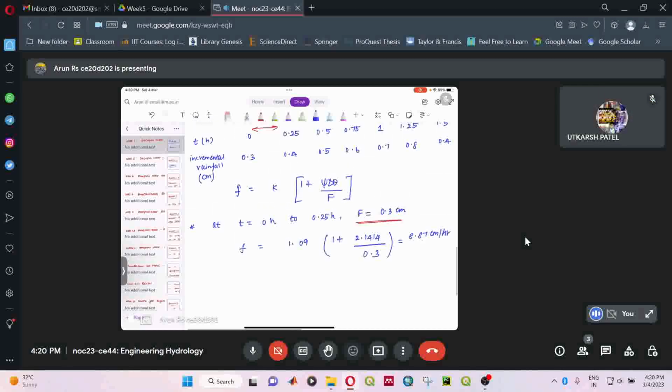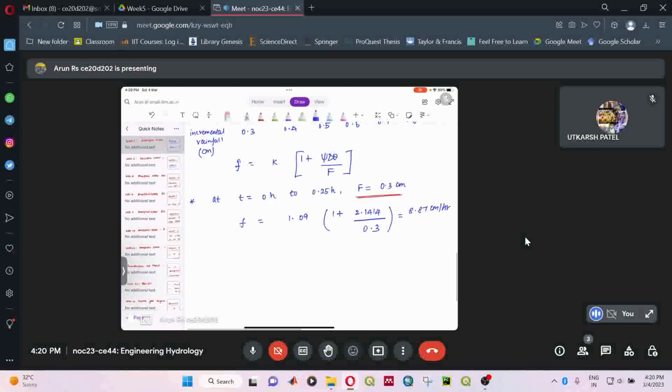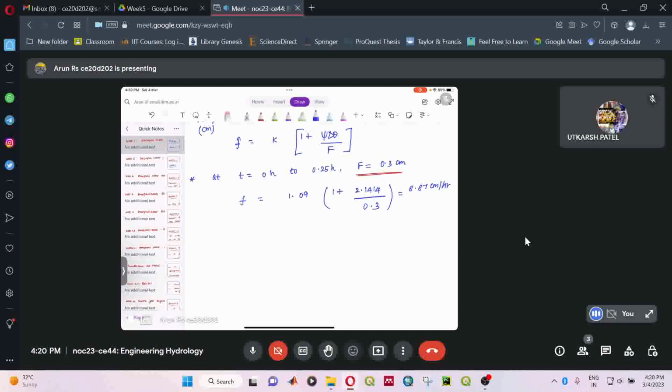So what we are doing is assuming that in the first time interval, 0.3 centimeter of rainfall can be infiltrated, but we are not sure whether that is the rainfall that is infiltrated. So we are just substituting in the Green and Ampt equation and finding out the potential infiltration rate. Your potential infiltration rate is about 8.87 centimeter per hour.